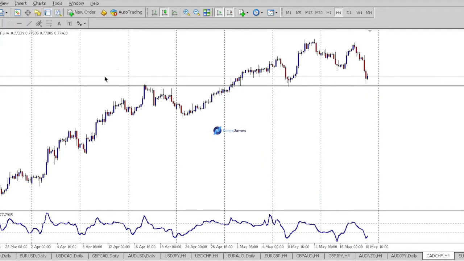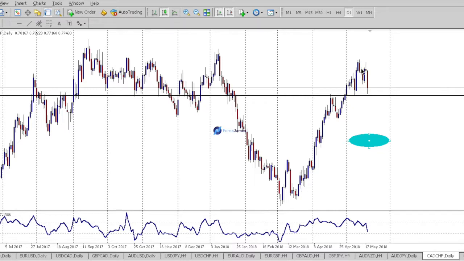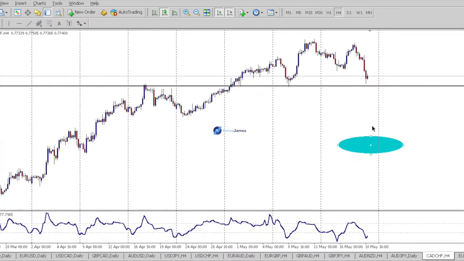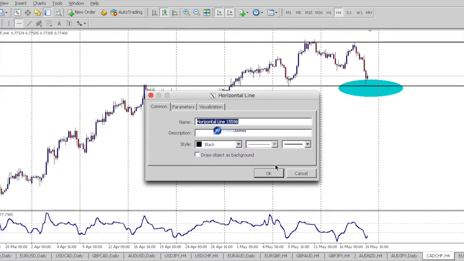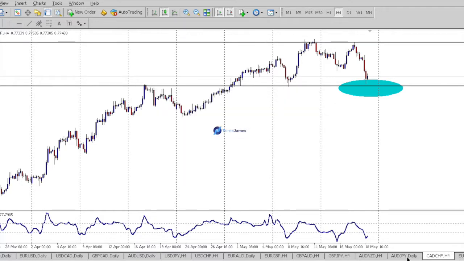With that being said, this is still a strong move here, so I'm still going to be looking for buys. Keep an eye on this top of the range. We're already in a buy zone, by the way.